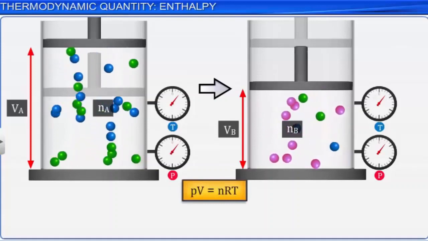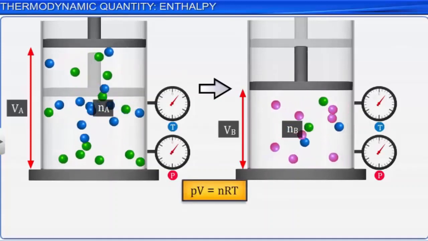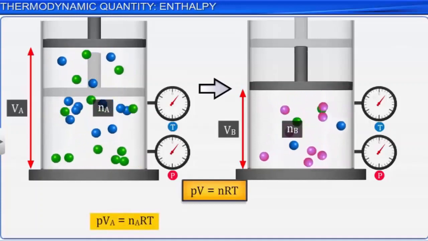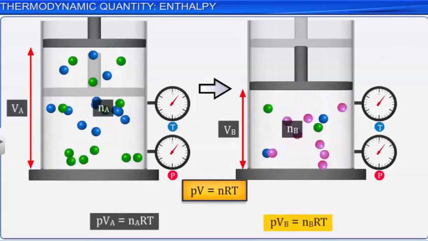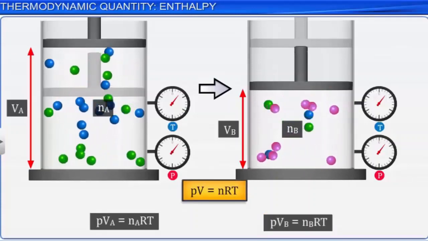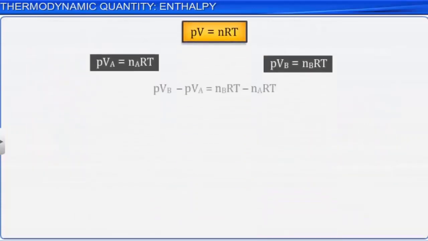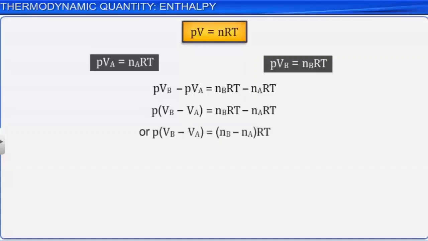Thus, for the reactants, PVA equals nART, and for the products, PVB equals nBRT. Thus, PVB minus PVA equals nBRT minus nART, or P(VB minus VA) equals (nB minus nA)RT.